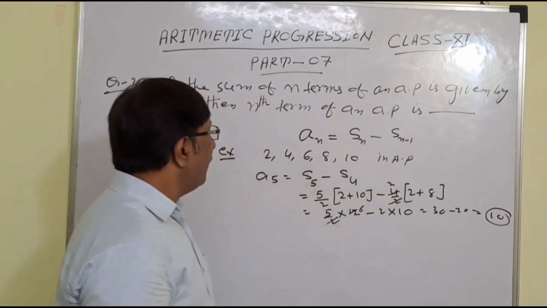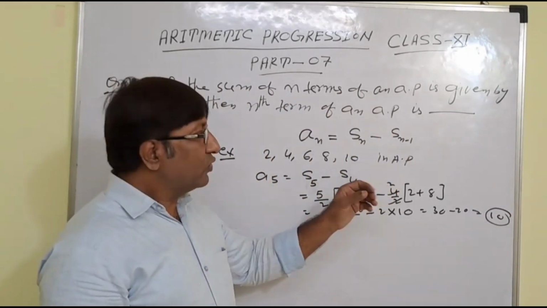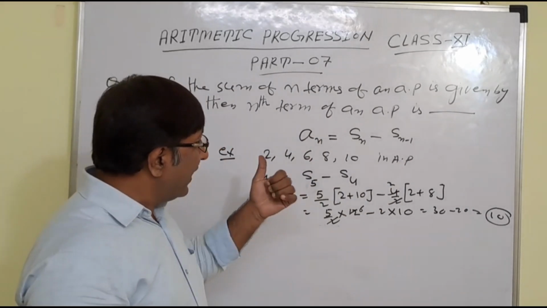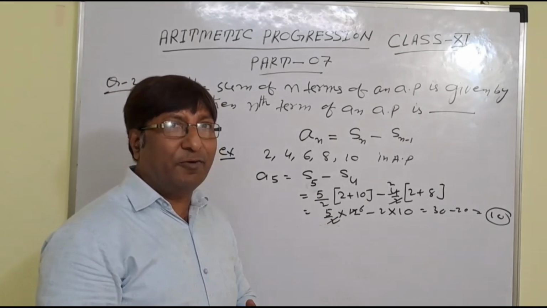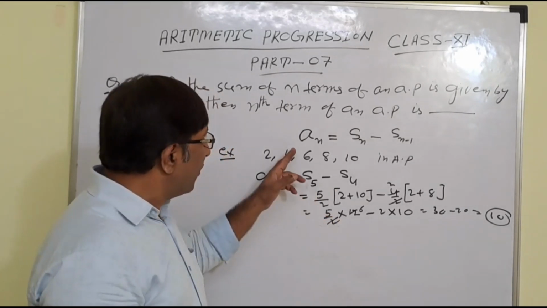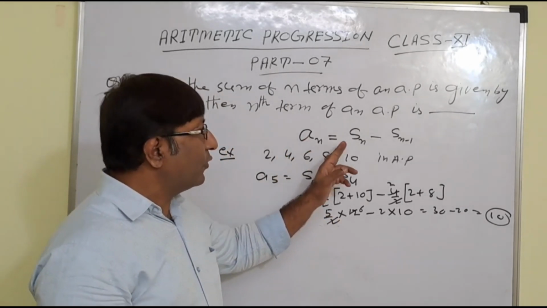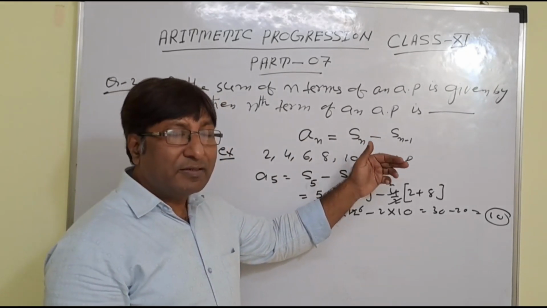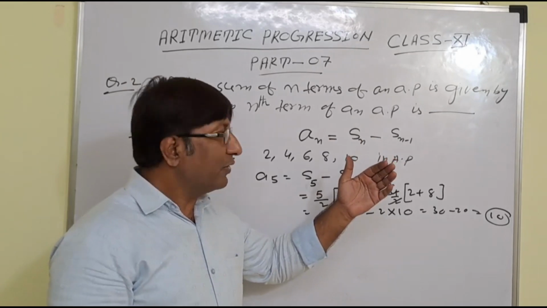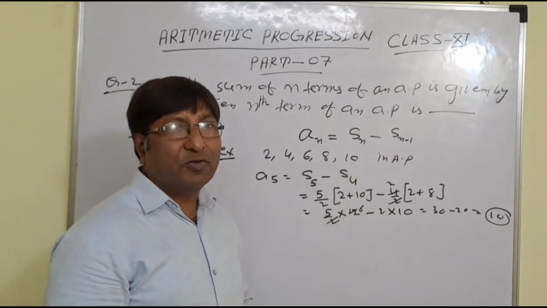So you see the fifth term is 10. If the sum of n terms is ever given and we have to find the nth term of the AP, you can use this formula: nth term equals the sum of total terms minus the sum of terms up to the second last. So you will get the nth term of the AP.